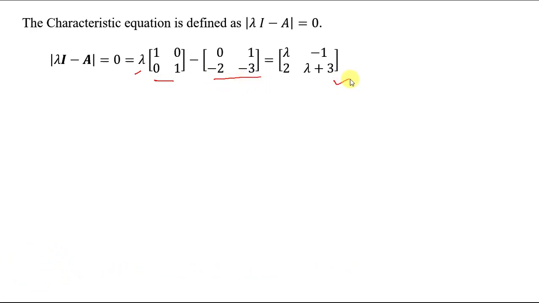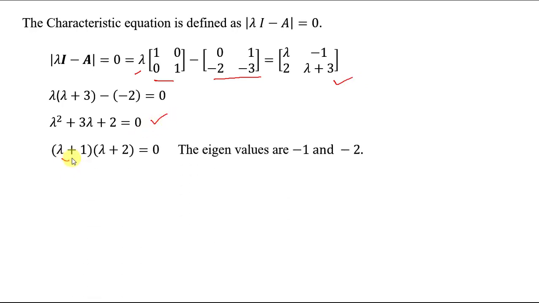So simply solve it, equals 0. So λ² + 3λ + 2 = 0. So the value of lambda equals -1 and -2. These are the eigenvalues of the given matrix A, and we will calculate the eigenvectors.